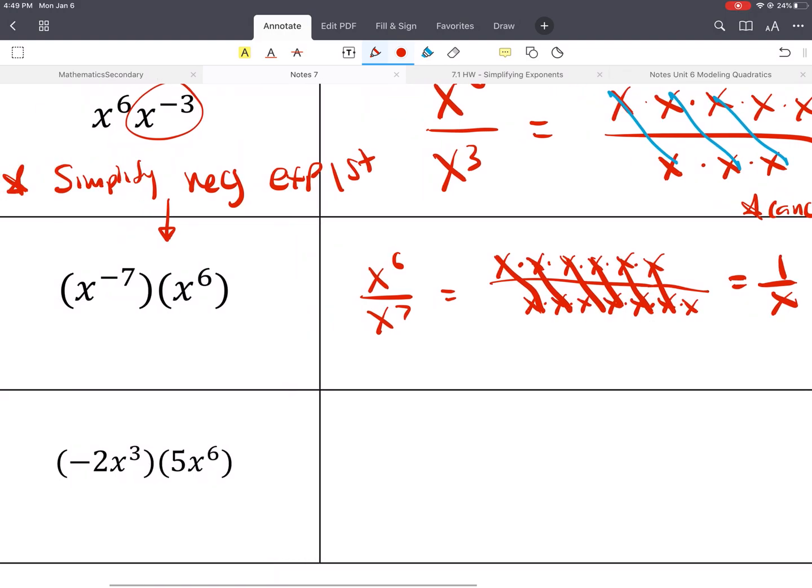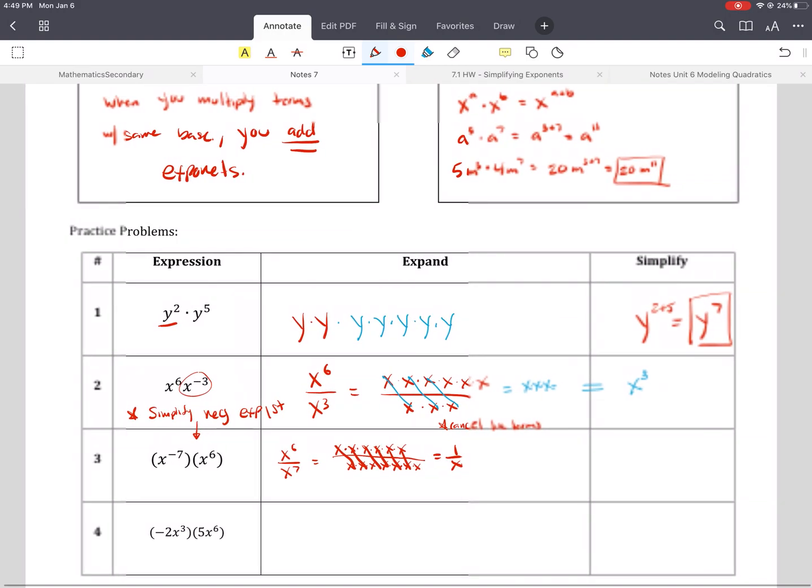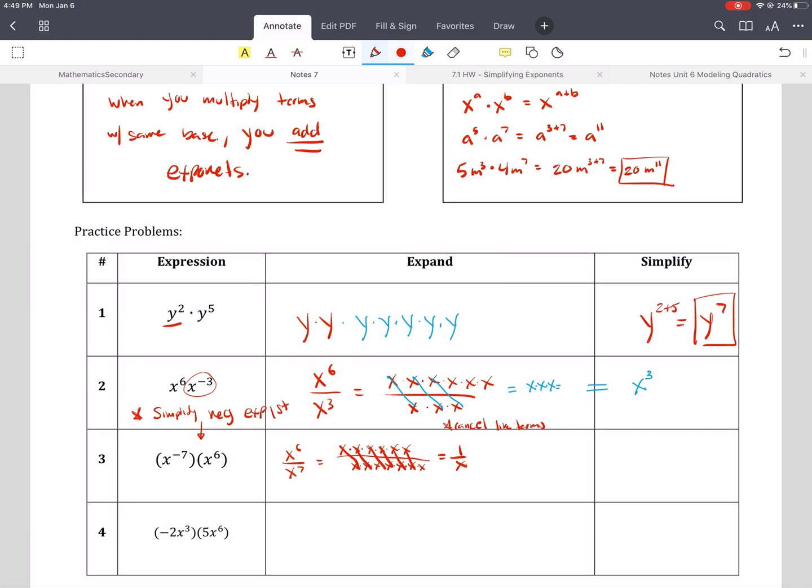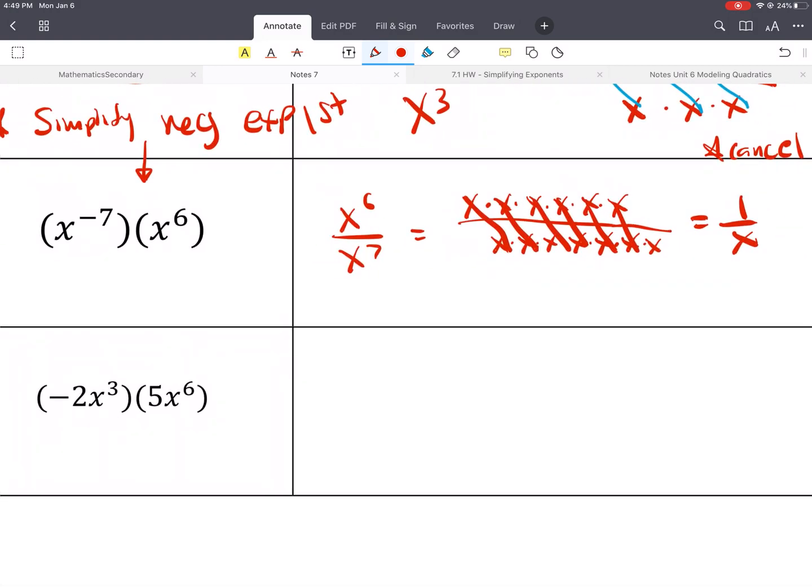Another way, since we just barely talked about this rule, is that if you have the same base, we add their exponents. So here we have the same base, and these are being multiplied. We can write this as x to the negative 7 plus 6, which gives us x to the negative 1. And if we have negative exponents, we can bring it down to the bottom and change its sign.